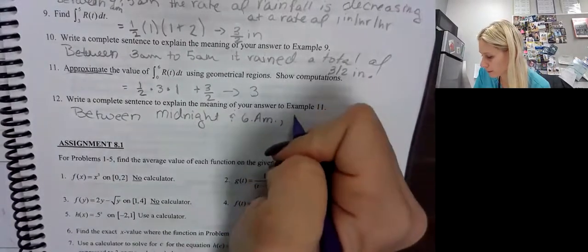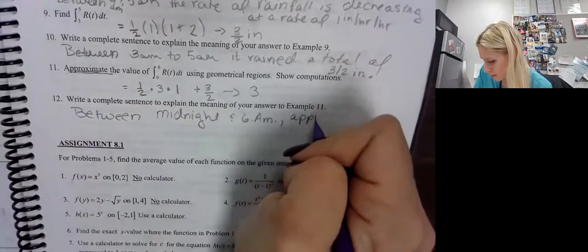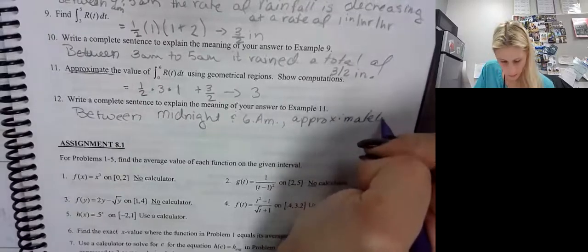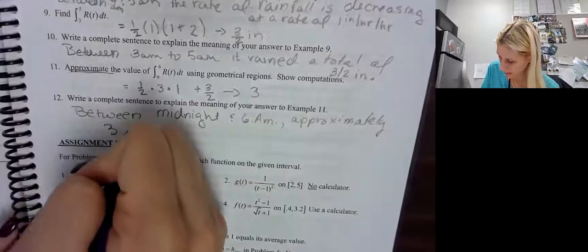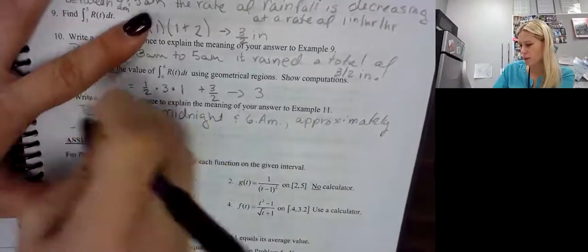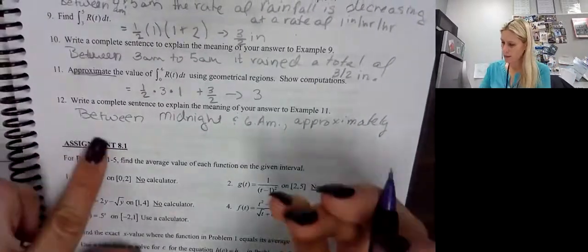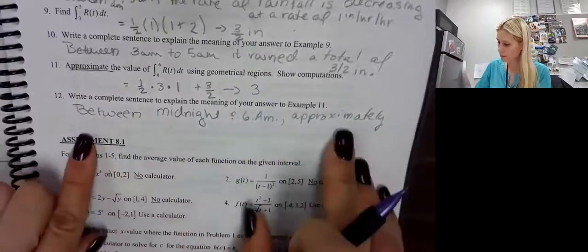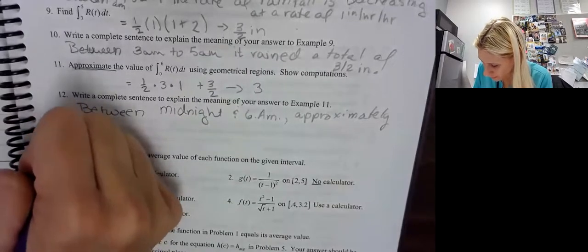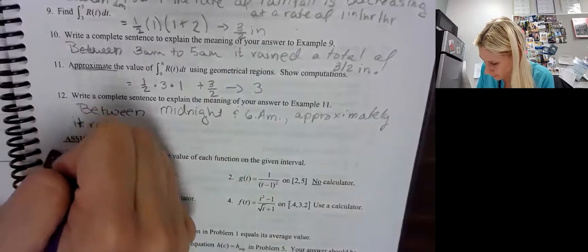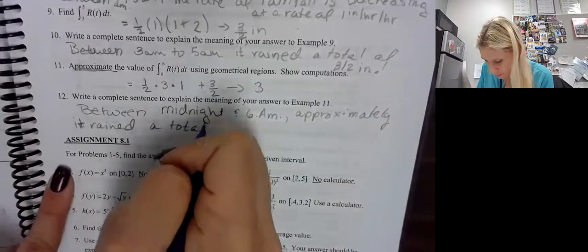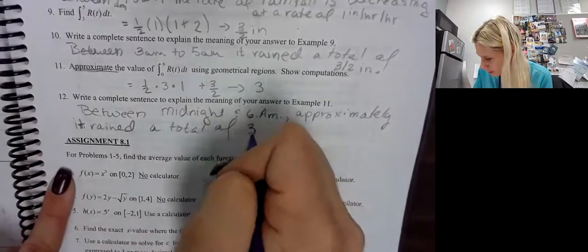So let's remind ourselves that it's approximately 3 it rained. Usually you don't want to use approximately, but I have to talk about raining, right? Between midnight and 6 a.m. approximately it rained a total of 3 inches.